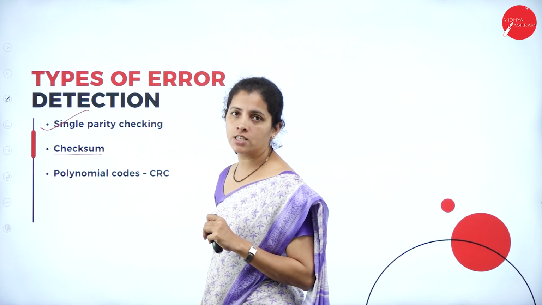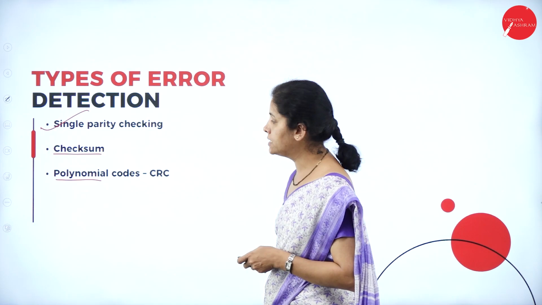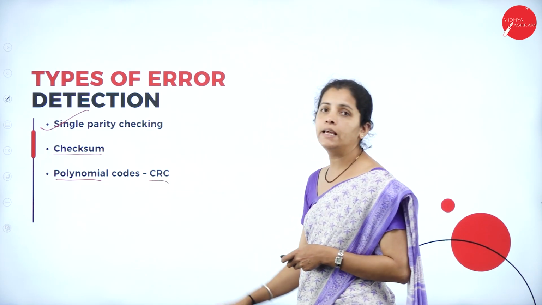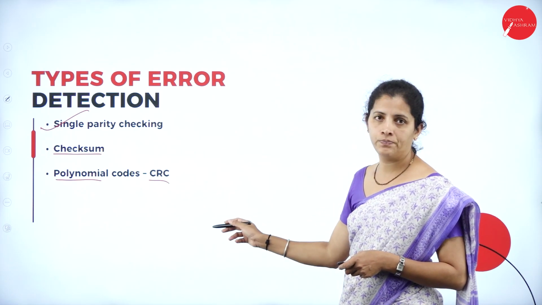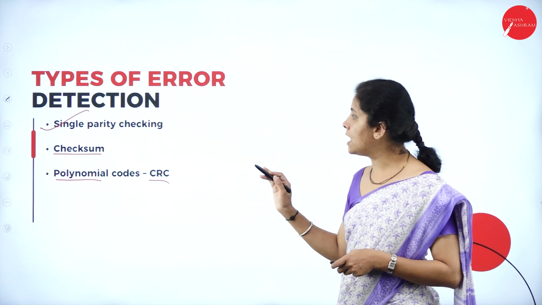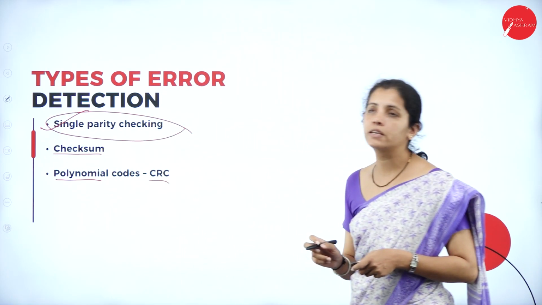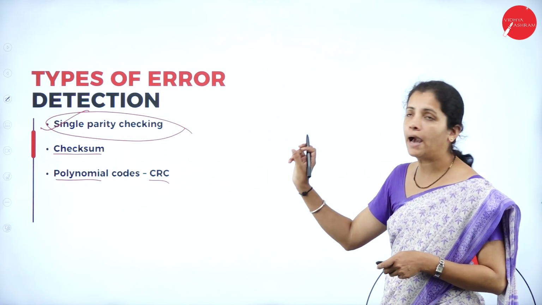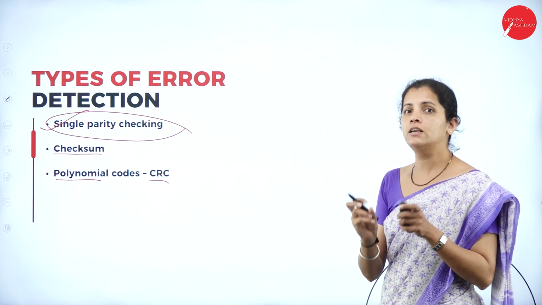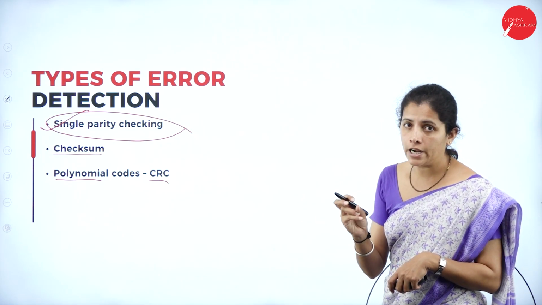Another one is checksum, and another one is polynomial codes, that is nothing but the cyclic redundancy check, CRC. Now dear student, in today's class I am going to deal only with my first type, that is single bit parity checking, or single parity checking, or even parity.